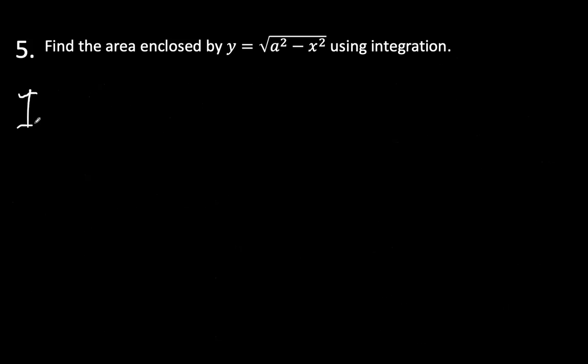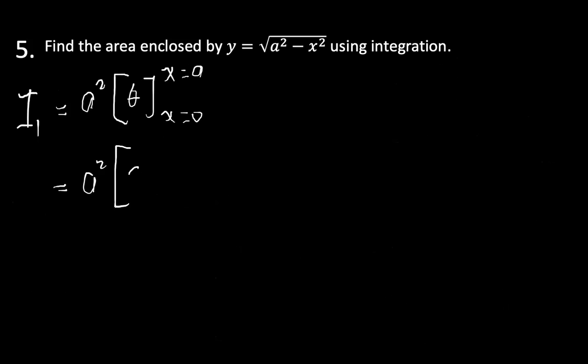So let's substitute that one here. Let's copy. Integral 1 is equal to A squared, theta, X equals A and X equals 0. Again, this is the inverse of sine of X over A, with X equals A and X equals 0.